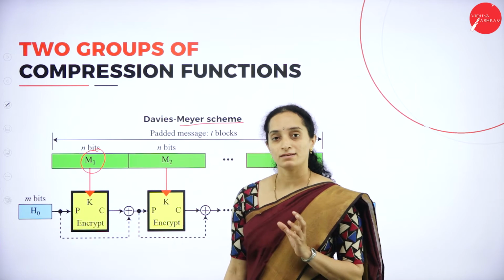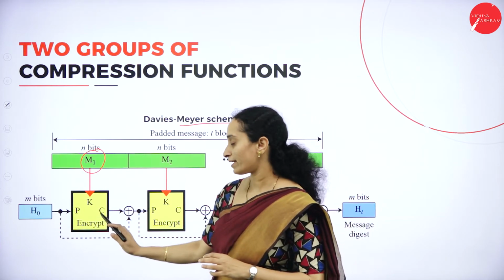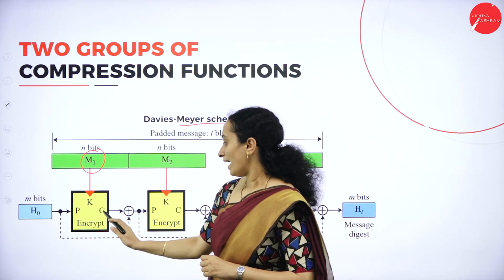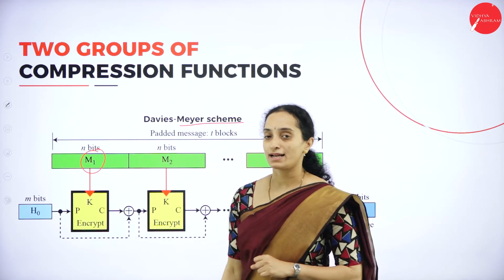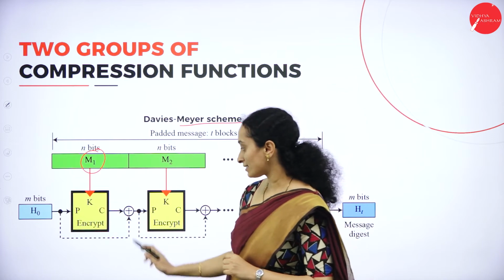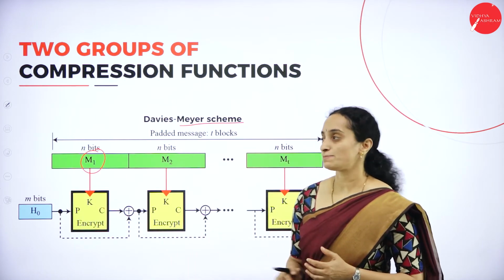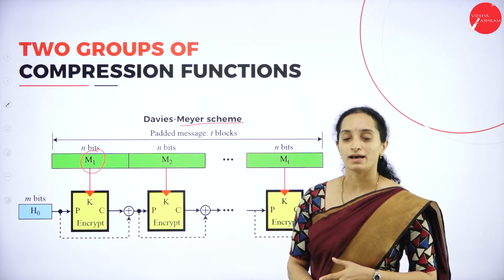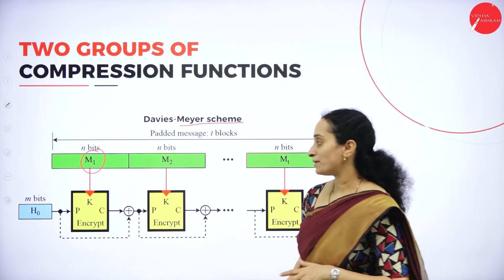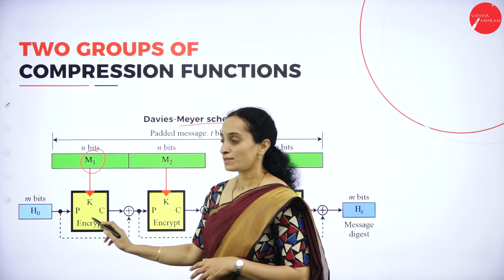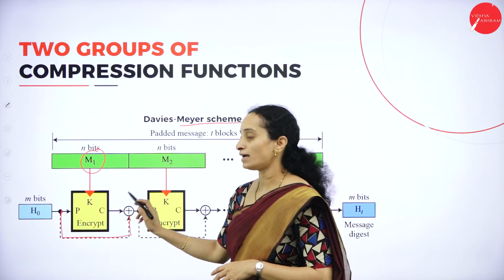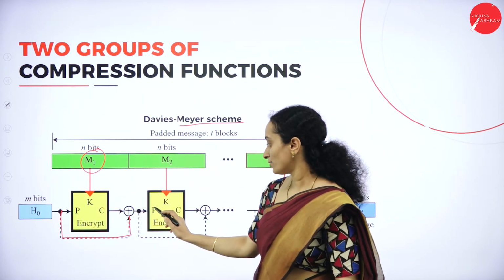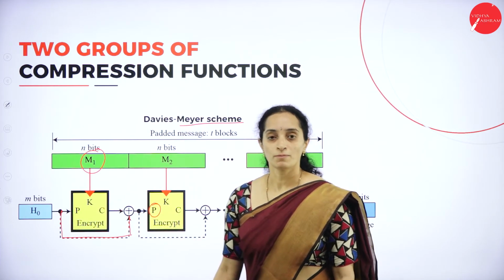The same encryption algorithm is used, and the new digest is taken as the ciphertext, but the modification made by Davies-Meyer when compared to the Rabin scheme is that the previous message digest is XORed with the new ciphertext to get the new digest.